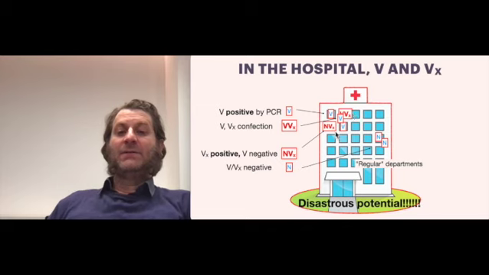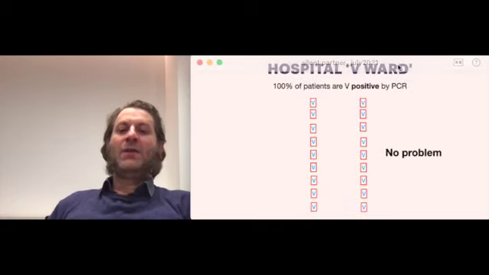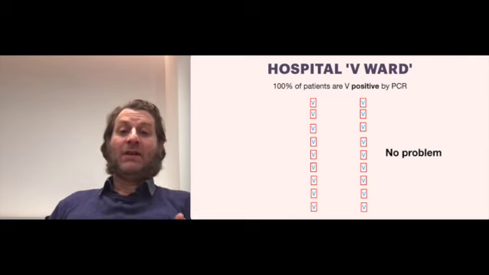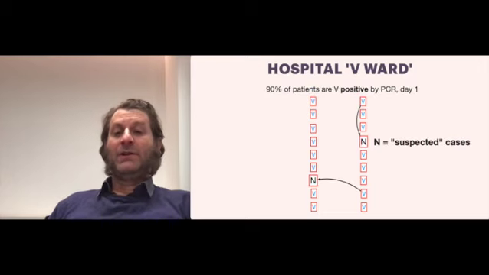Now, this has a disastrous potential. If you have only V, there's no problem. 100% of the patients are positive for V by PCR, and there's no other nasty pathogen around, so they may have pneumonia, aspiration pneumonia. They just developed a bad reaction without any specific pathogen causing it, right?